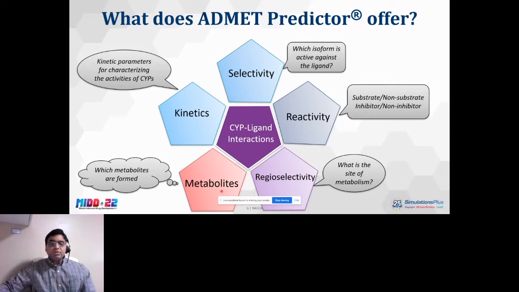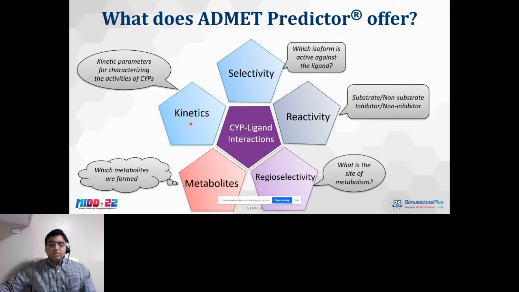The next group of properties is metabolites. ADMET Predictor predicts likely metabolites of the small molecules using information obtained by these regioselectivity models, as well as a dictionary of biotransformation rules, which are included along with ADMET Predictor. Knowledge of these metabolites can be very useful to determine if the compound might lead to toxic or non-toxic metabolites.